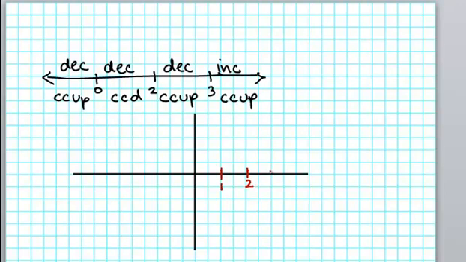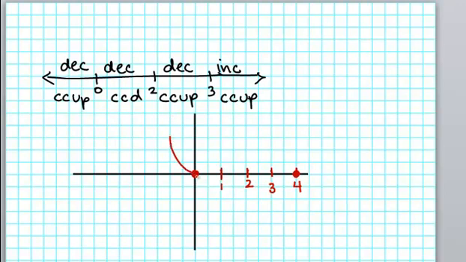And so I'm going to put down values on my x-axis that correspond to some of my important points. And then I'll plot my x-intercepts, which I originally found to be 0 and 4. And then I'm going to plot values between those pieces.